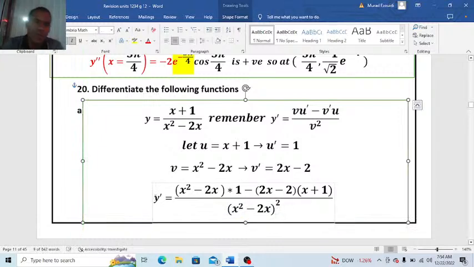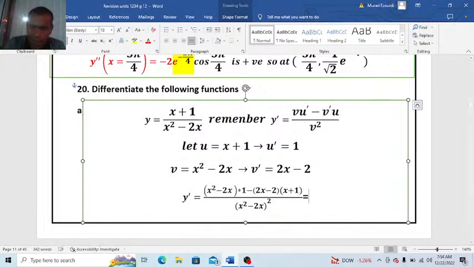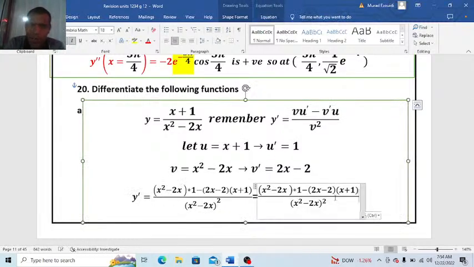Just there we have expanding. You will simplify more, learners. This one will give us: x squared multiplied by 1 is x squared, minus 2x multiplied by 1 remains the same.